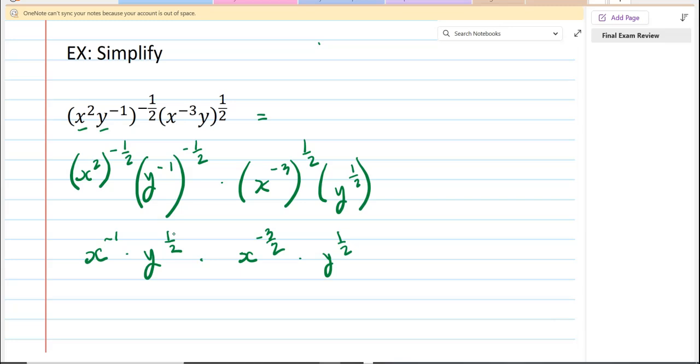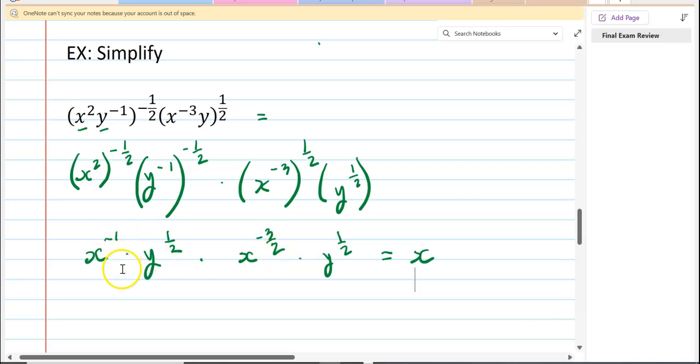All right, now last step, same base, x and x, same bases. We add the exponents, as with the y's. y and y the same, we add the exponents. So we're going to start with the x. So x to the power of negative 1 plus negative 3 half.